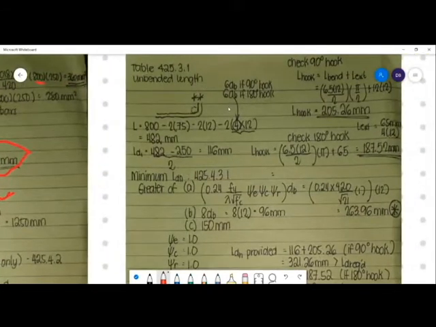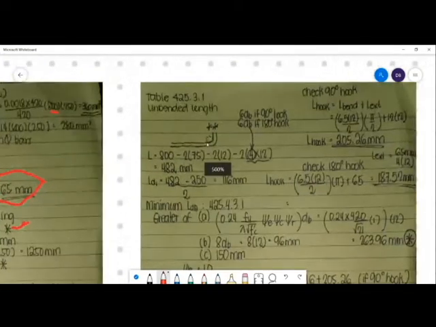So, ito yung itsura ng reinforcement natin. This is your temperature bar, the one I marked in red. This is your main bar. And pag didesisyon na natin, we are going to decide if i-check natin if we're going to use 90-degree hook or 180-degree hook.